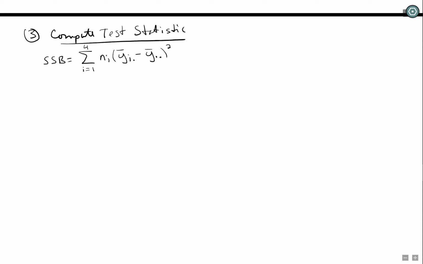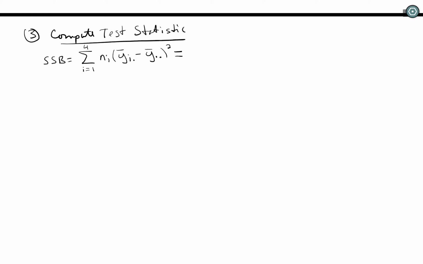And so this is measuring the variability between the 4 samples or among the 4 samples. If it's large relative to the variability within the samples, then that's evidence against the null hypothesis and for the alternative hypothesis.